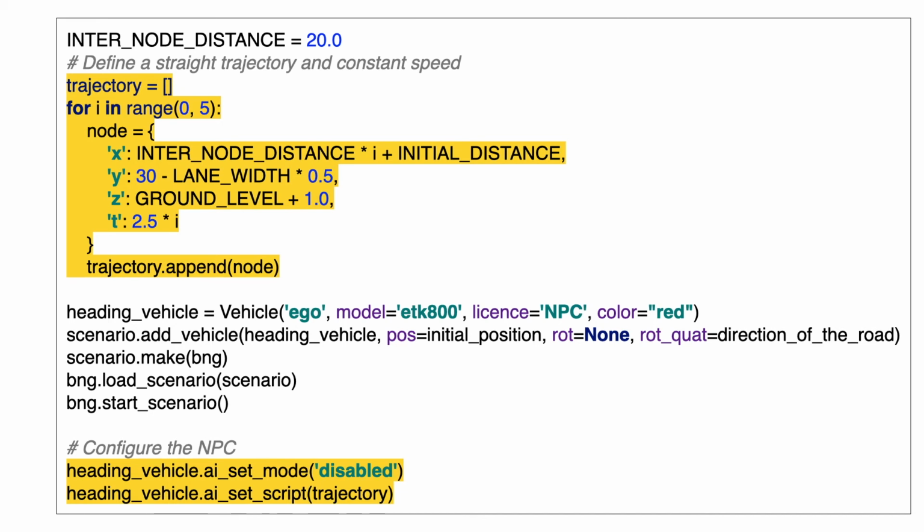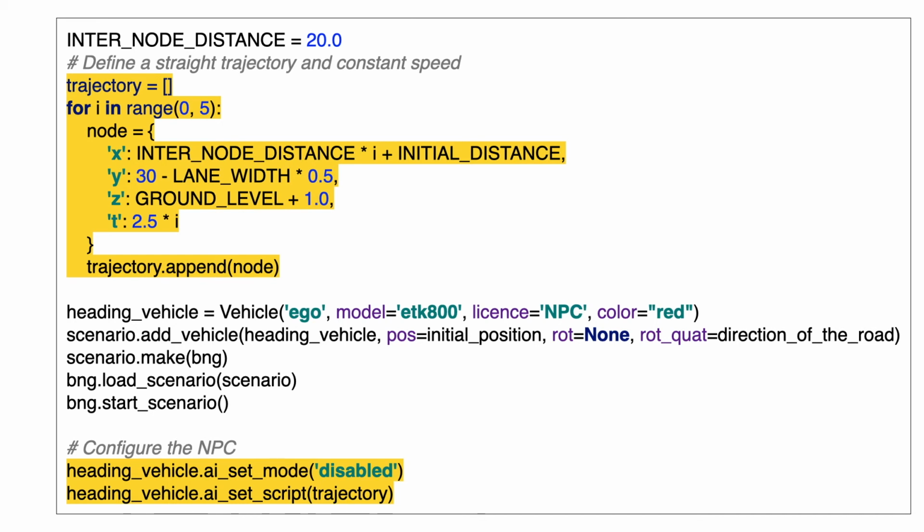And in this case, what I've done was to define an internode distance of 20 meters and then have a loop that basically places one of these nodes every 20 meters on a straight line, and tells that the car must reach the nodes in 2.5 seconds.